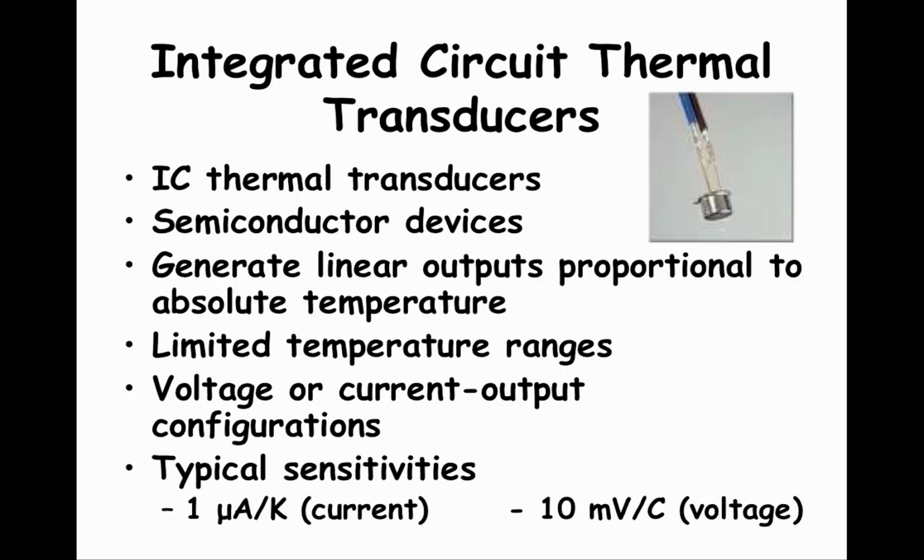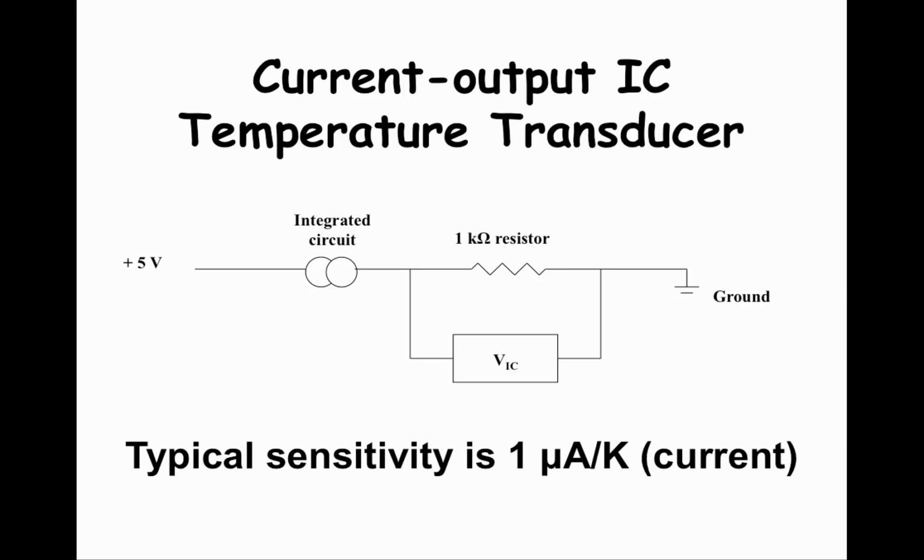The big advantage to the integrated circuit thermal transducers is that they have linear outputs proportional to temperature. This makes conversion of the transducer output easier. This slide shows how the current output integrated circuit needs to be wired to be able to measure the voltage change with the PDAC 55.